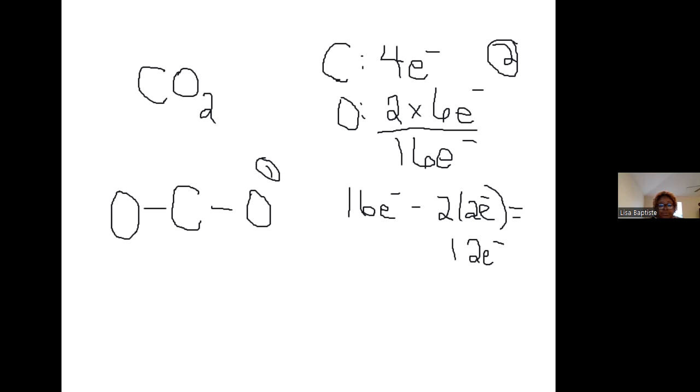And so we have this structure. All right. So we have 12 electrons that we have left that we're working with. We want the elements that are connected to the central element to obey the octet rule. We work with the central element last. It makes it a lot easier.